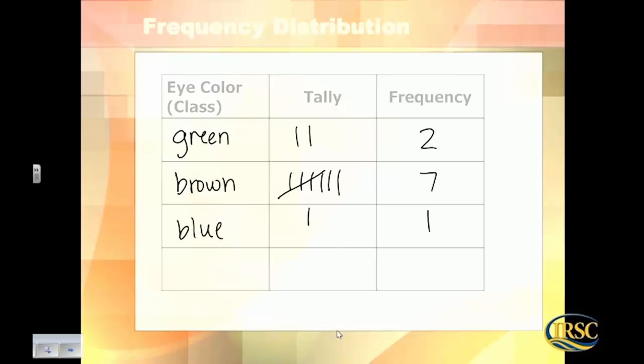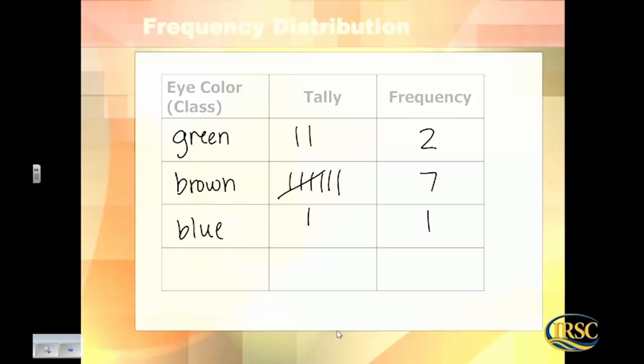Then double check to make sure that the frequencies add up to the total number of people in that sample. So 2 plus 7 plus 1 does add up to 10. Again, the tally column is up to you. It's not necessary. It's just there in case you need it as a help.